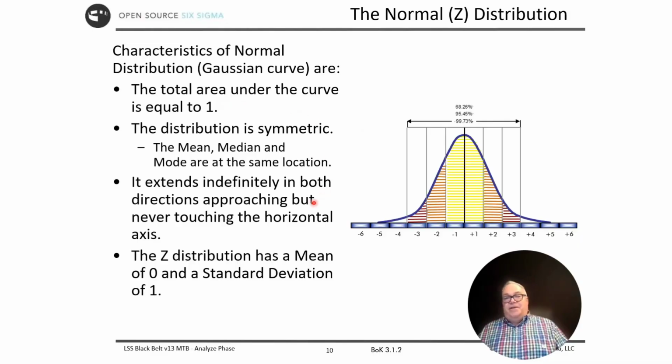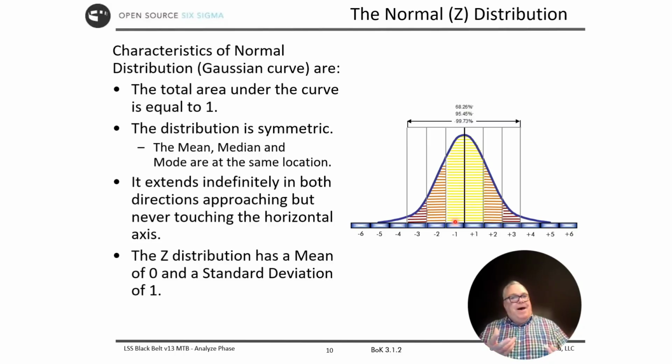I know the area under the curve from minus infinity to plus infinity is equal to 1, and at any place on the curve, I can tell you how much area there is either to the left or the right, or I can even take chunks out of the distribution in the middle. For example, plus or minus 1 standard deviation is 68% of the data.